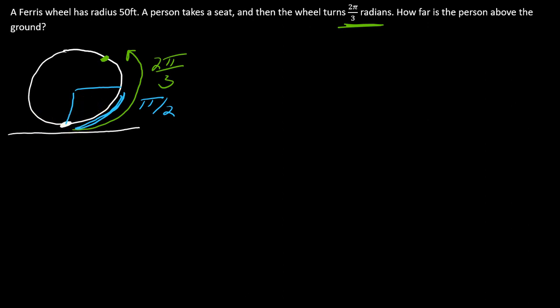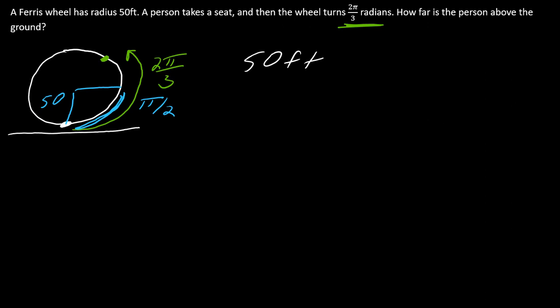So from here to here at pi over 2 radians, how much distance have I covered above the ground? Well, at this point, I am this length, right? This length is 50 feet above the ground. Okay, cool. So we have 50 feet, but we're not done, right?